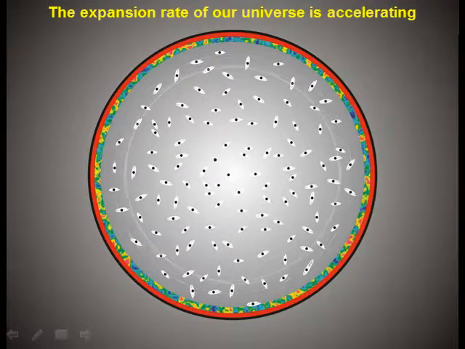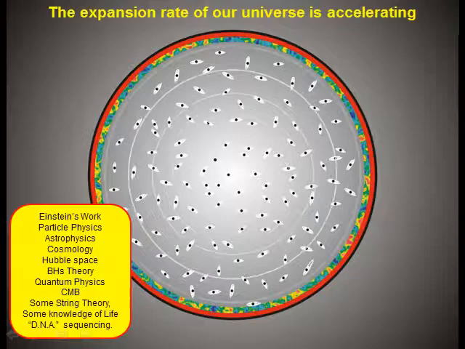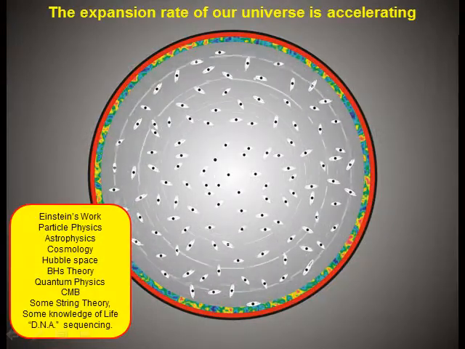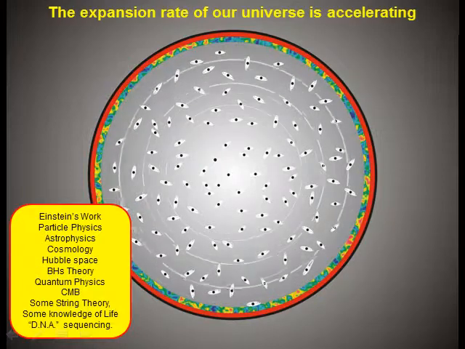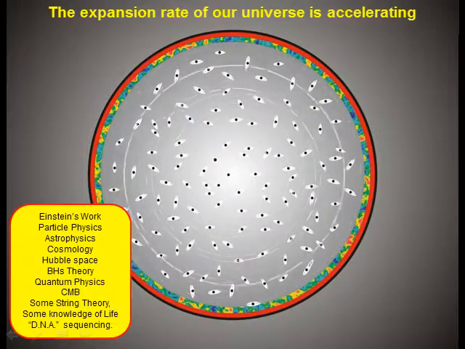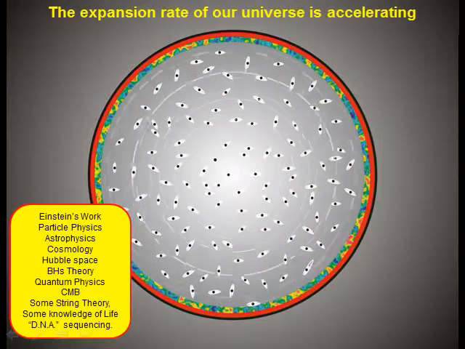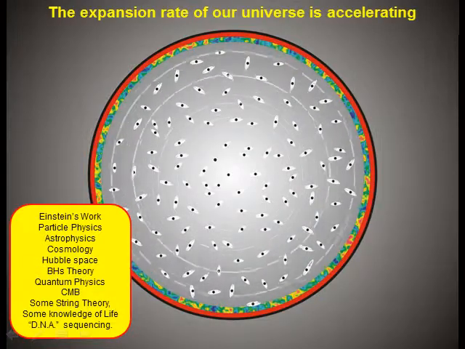Now, here is what we know. Einstein's work, particle physics, astrophysics, cosmology, Hubble space, black holes theory, quantum physics, cosmic microwave background, some string theory, a little bit of knowledge of life and DNA sequencing.